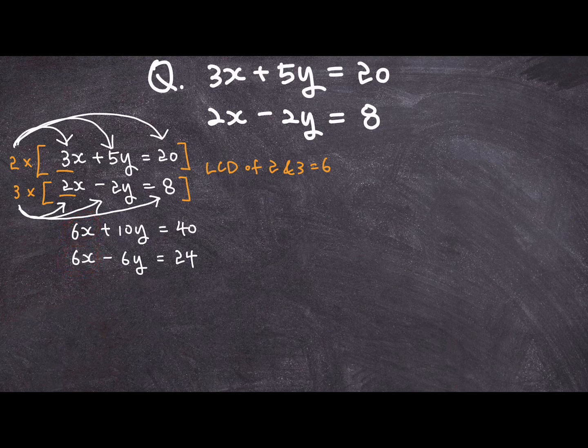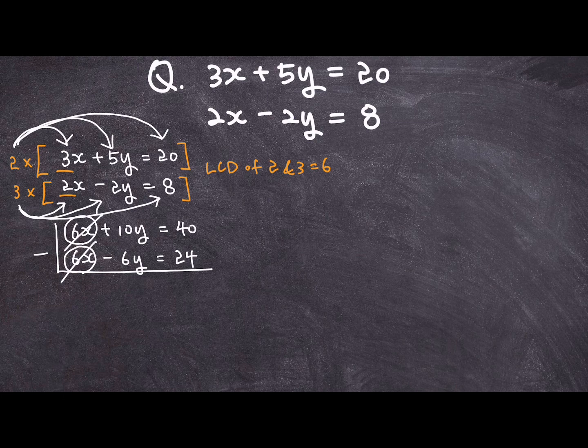So what I'm going to do is subtract the second equation from the first equation so that I can eliminate the variable of x altogether. 6x minus 6x is equal to 0, so I successfully eliminated the variable of x completely.